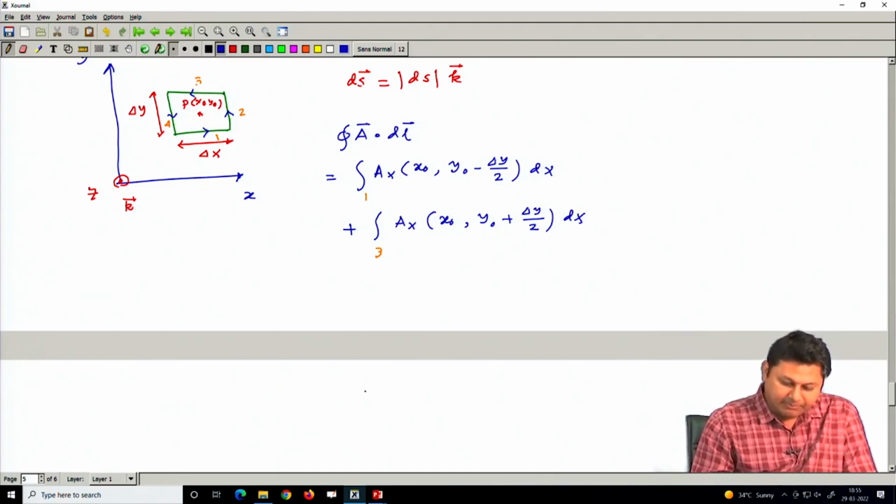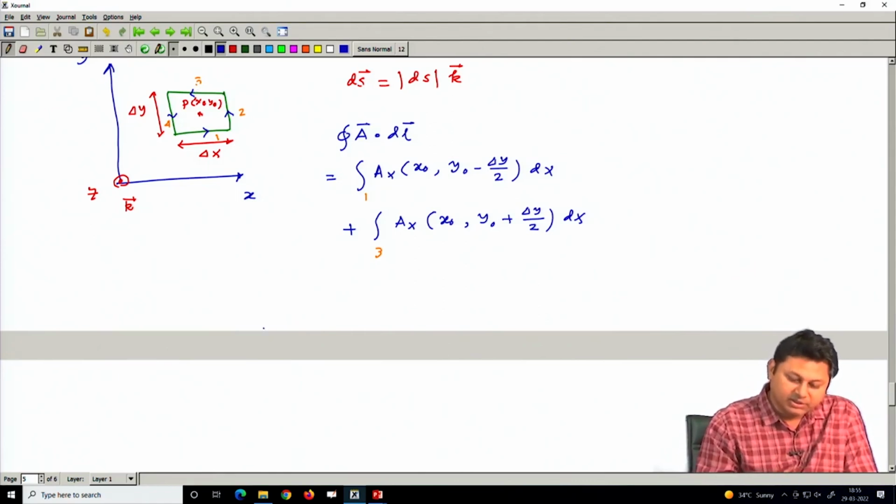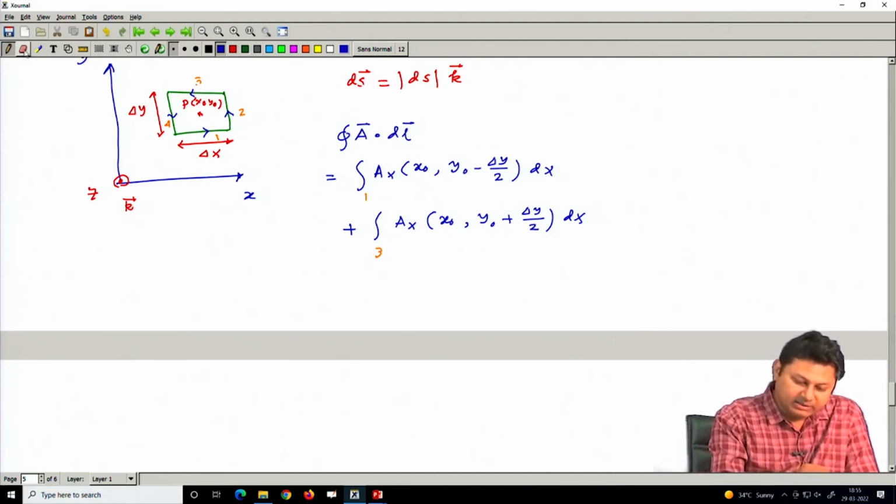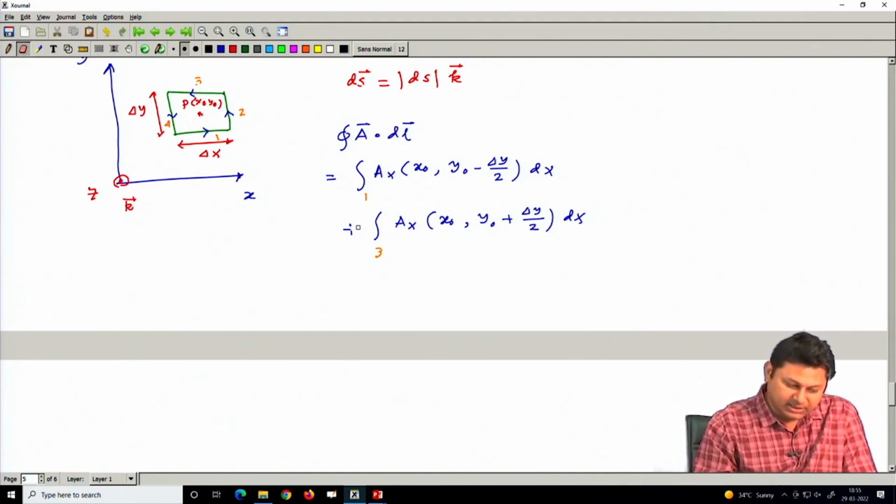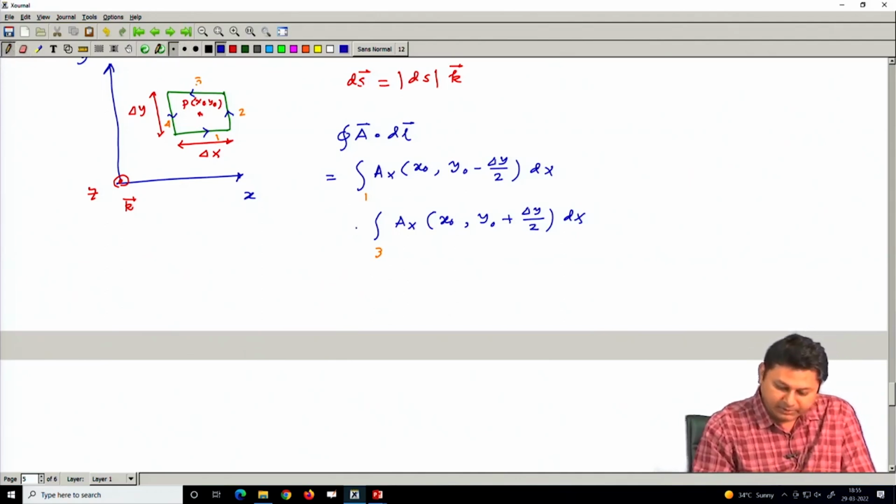But at the same point you need to be careful that here the line is in this direction and here the line is in the opposite direction. So, that is why this sign should be a negative sign. Here we are having a negative sign.